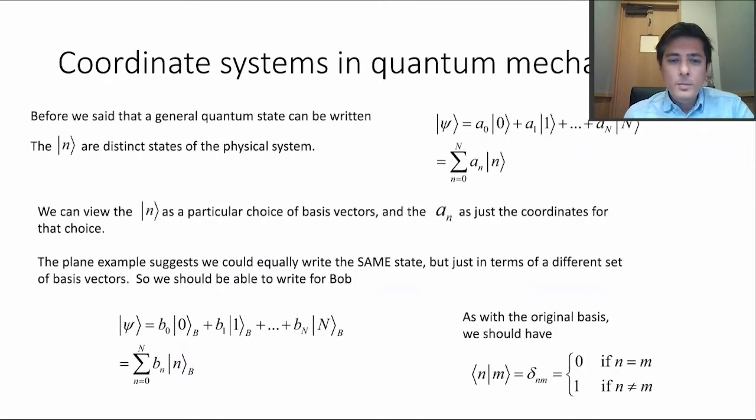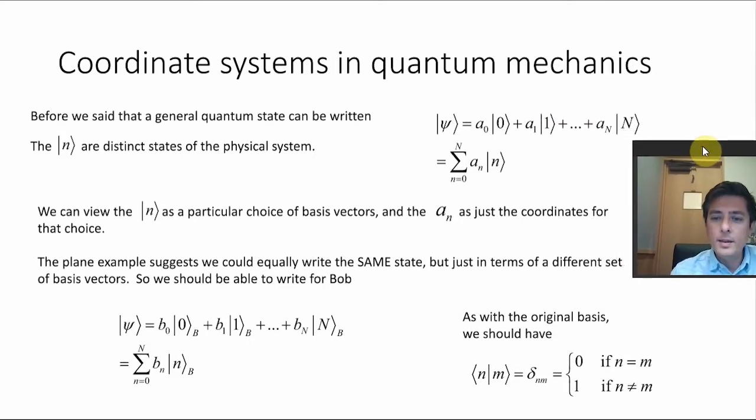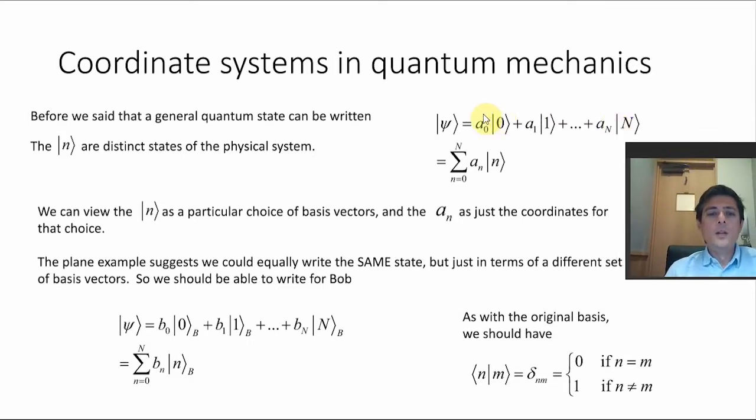In quantum mechanics, we have exactly the same thing. We have quantum states that are described by different vectors. Here's a particular example of some quantum mechanical vector. Before, we said that each of these states here, like the 0, 1, up to n, are different or distinct states of the physical system.